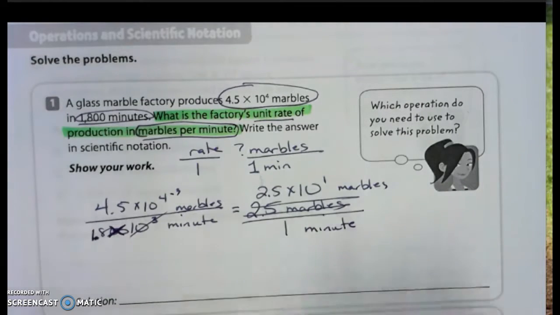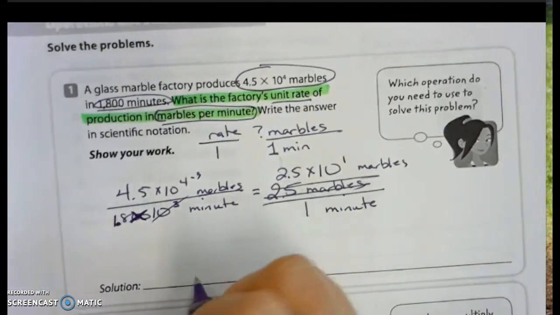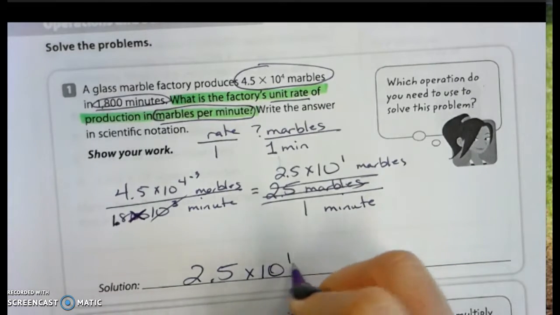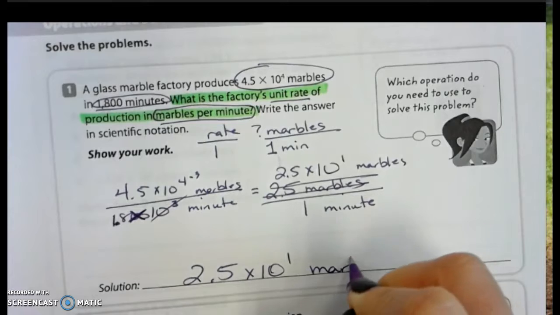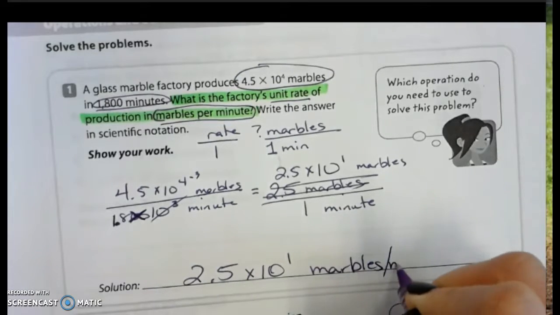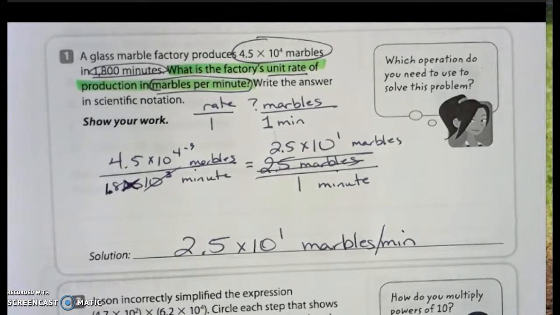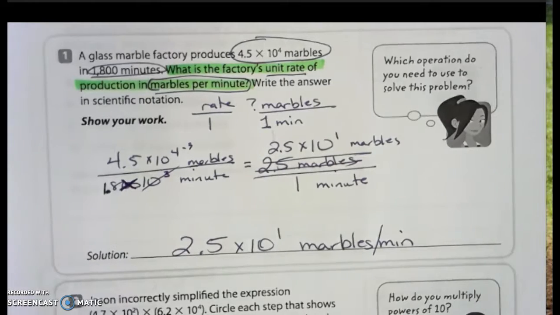Once we divided by the 1,800, we cut that down to 1 minute. They wanted the answer in scientific notation, so we'll leave it that way: 2.5 times 10 to the 1 marbles per minute. Now, if you're a curious person by nature and you wanted to actually know how many that was, it's 25. So they're making 25 marbles per minute.